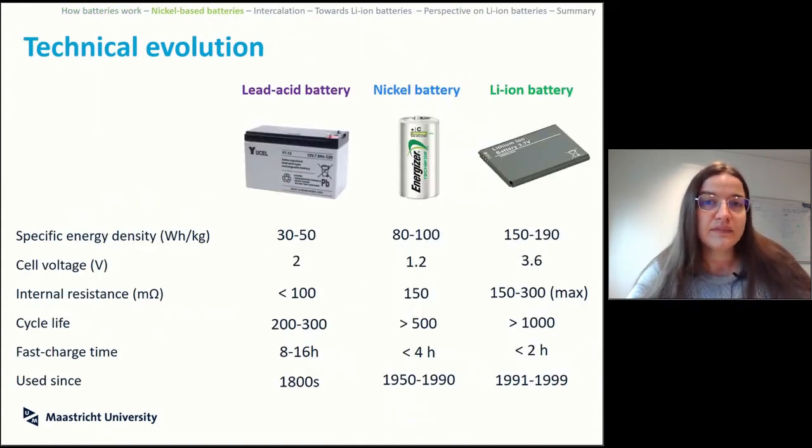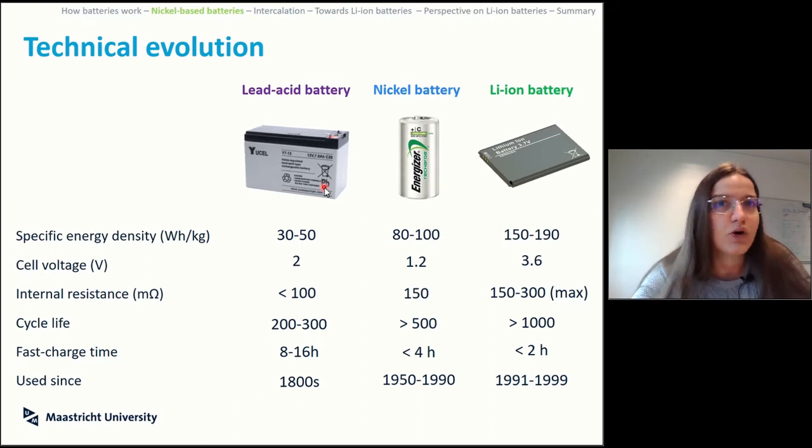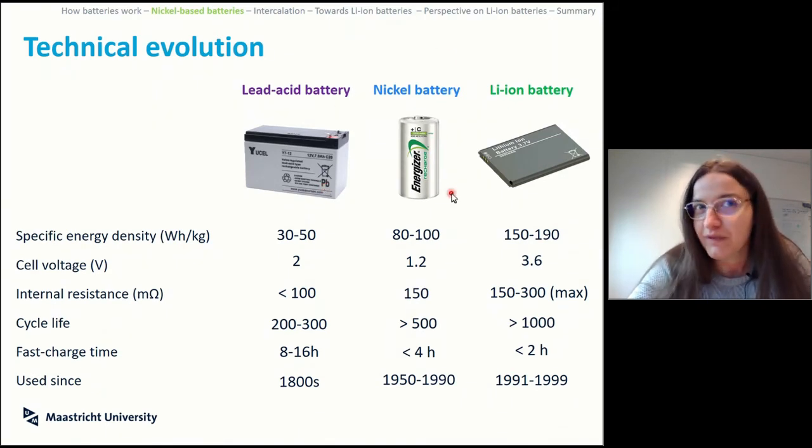And the technical evolution of batteries has moved away significantly from just lead-acid batteries. So regardless of the architecture improvement that you can try to make on your battery, usually the best way to improve a battery is to change what is making the battery go. So change the electrochemical effect that you have.